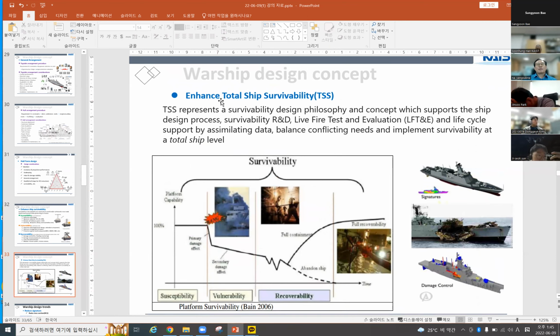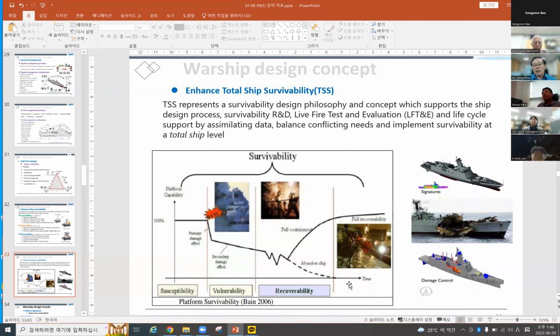For the warship designer, we have set up total ship survivability. As you see in these pictures, TSS represents the survivability design philosophy and concept, supporting the ship design process and survivability R&D, live fire testing, evaluation, and life cycle support. As you see in the picture, the x-axis is time and the y-axis is platform capability.